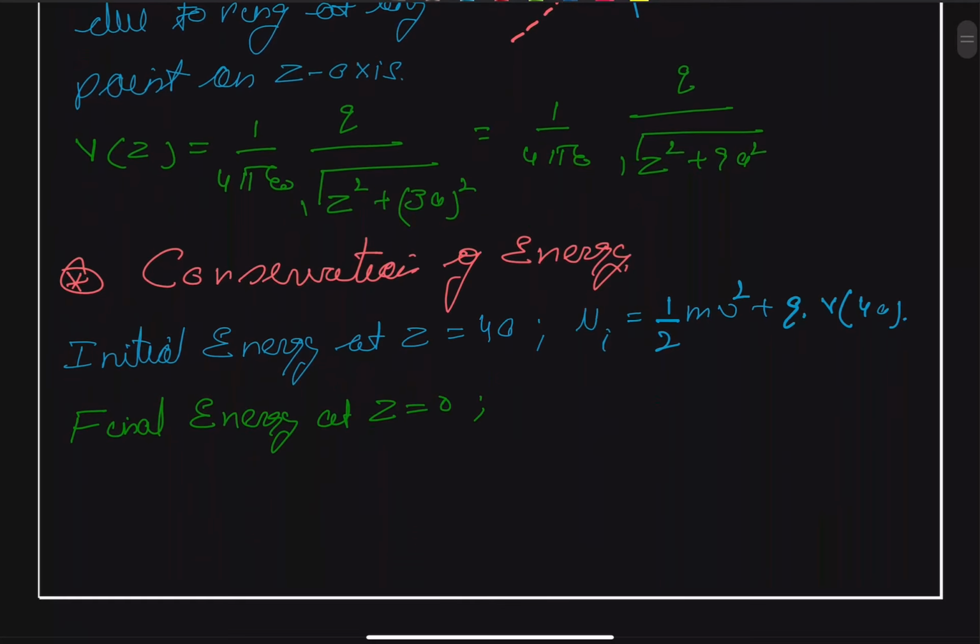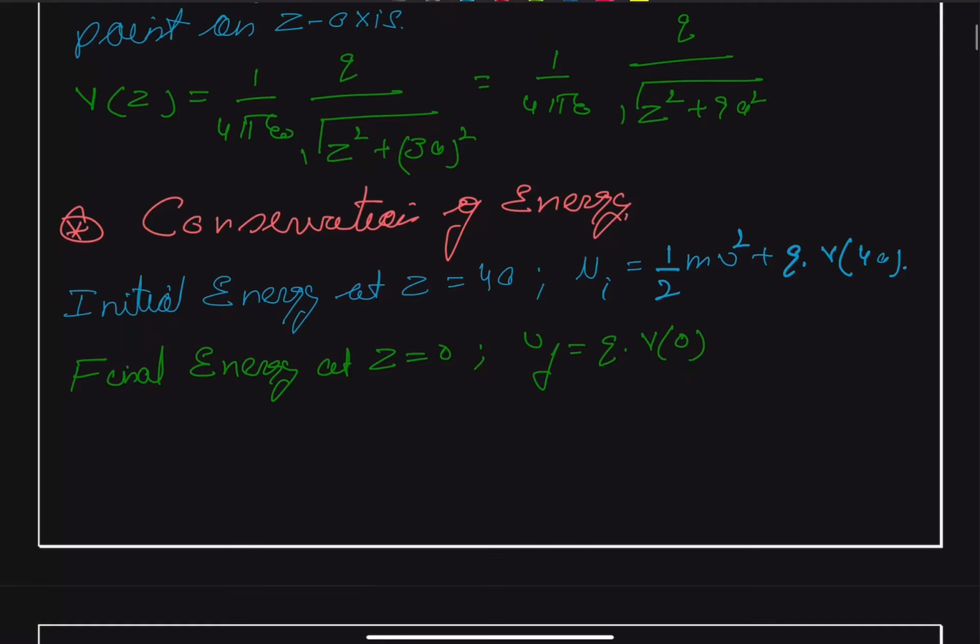Therefore the final energy will be only because of the potential, that is charge multiplied by potential at z equal to 0. Because we want that the charge should be just able to reach the origin, we can assume that the velocity at the origin is equal to 0.